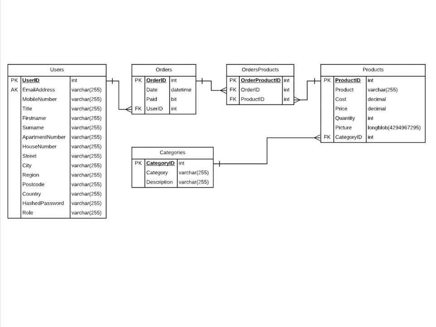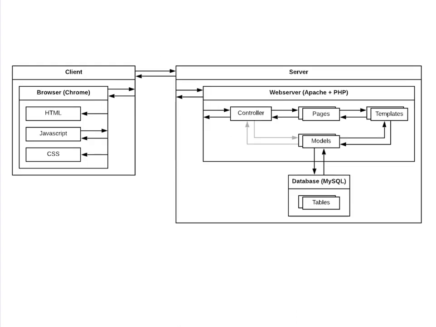So to structure our project, we're going to be using a pattern called Model View Controller. So if we look at this diagram here, we have a client and a server. On the client computer, we have a browser such as Chrome, which receives HTML and processes it and displays it.